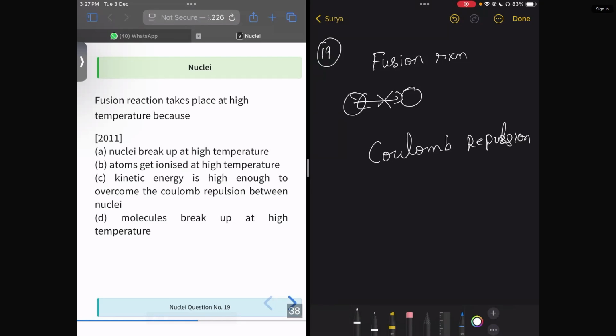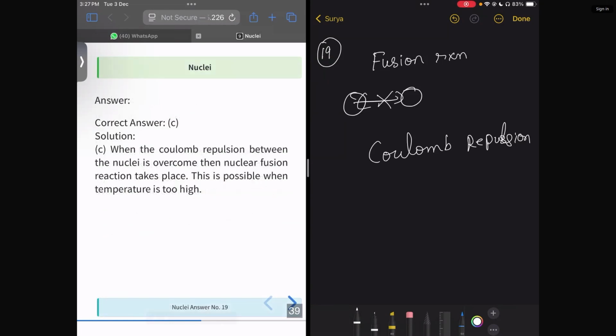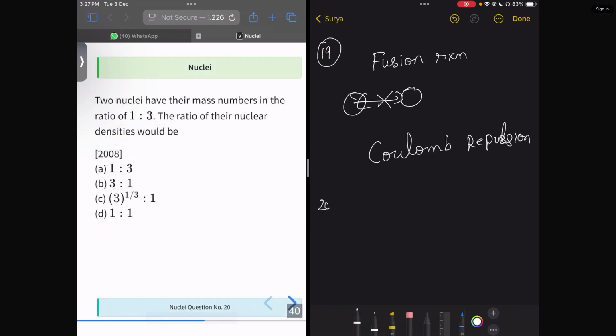Going to the next question. Question 20. Two nuclei have mass numbers in the ratio of 1:3. The nuclear density is in the ratio of?